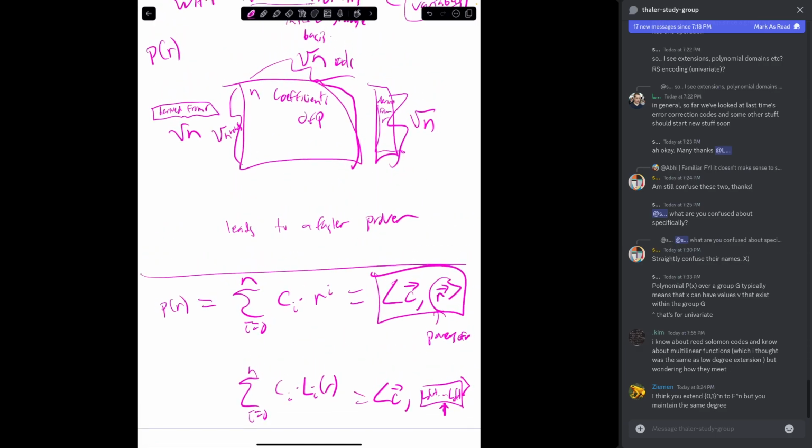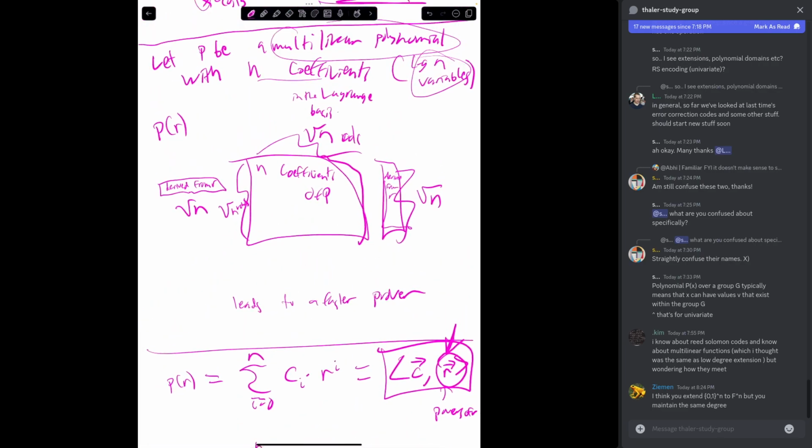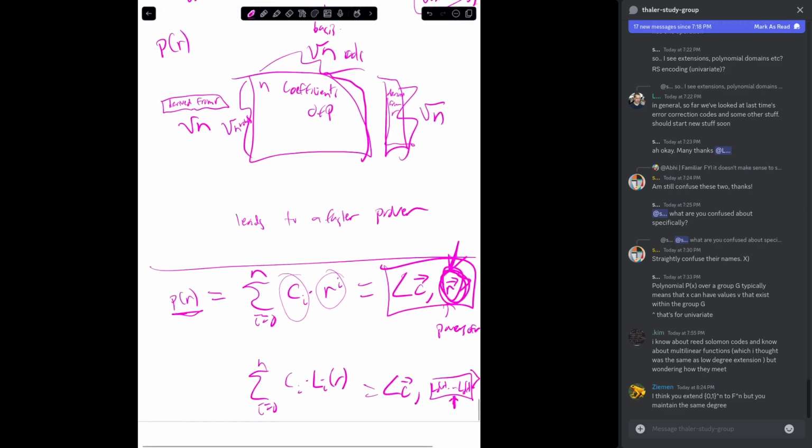Okay, so it's all about this second vector, and if this vector has extra structure, rather than writing the evaluation as an inner product between coefficients and some other vector, you can actually write it as a vector-matrix-vector product. And that's equivalent to this second vector having certain tensor product structure.